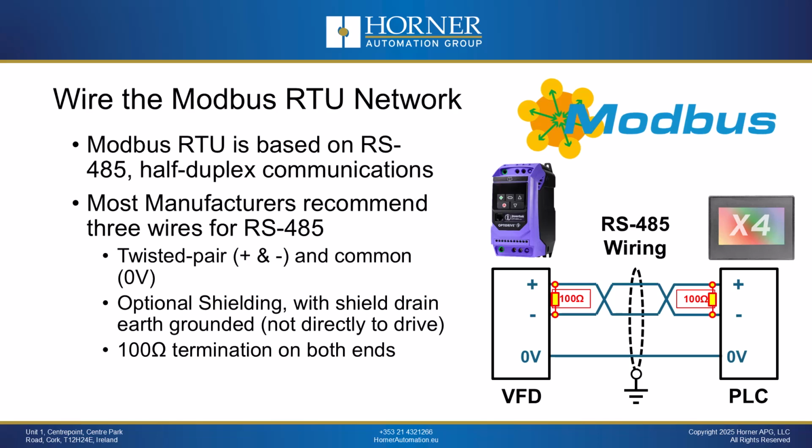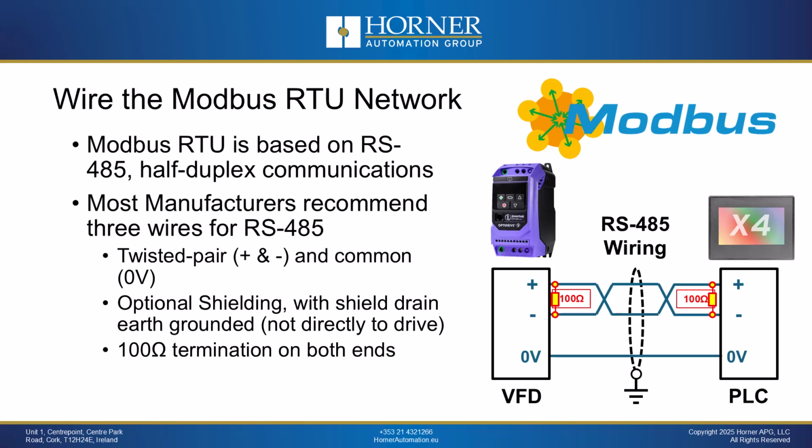In the case of the Horner OCS all-in-one controller, there is a system menu entry that allows you to enable termination, so you don't have to physically add a resistor on the OCS end. Instead, you can simply go into the system menu and turn on termination resistance, and this will automatically add the 100 ohm resistor internally to the OCS to the communications path.